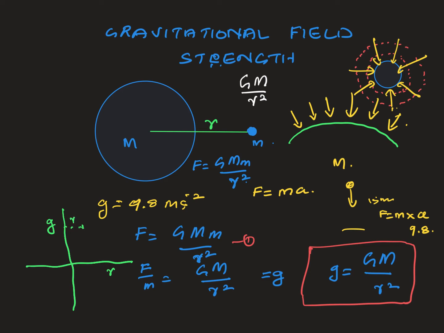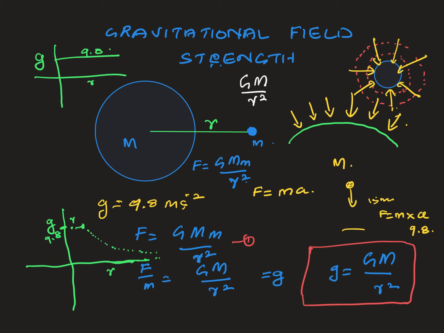At this point we know it is 9.8, but after that, as the radius increases, the gravitational strength is going to be reduced. But in simple situations, we use the gravitational strength as 9.8.